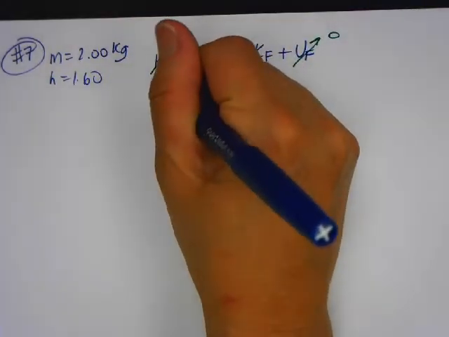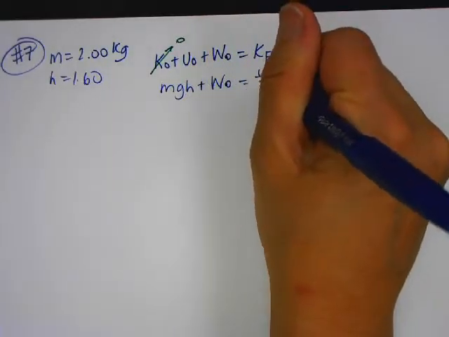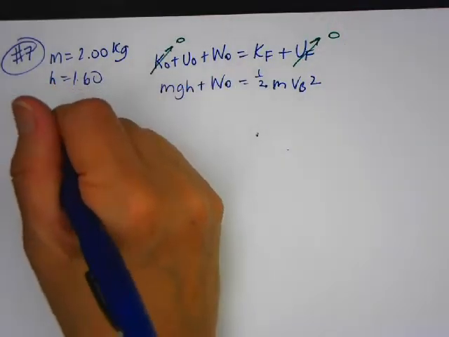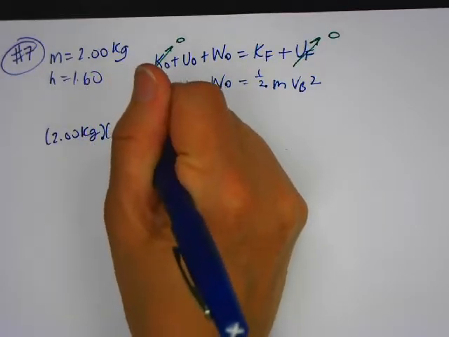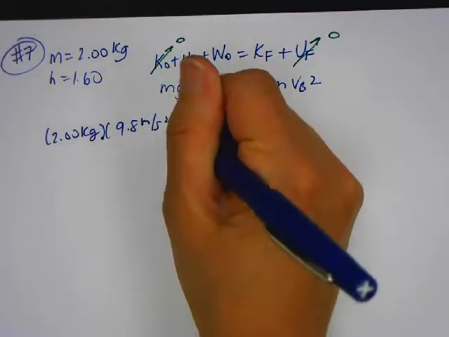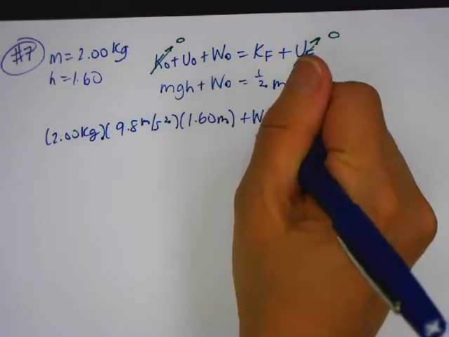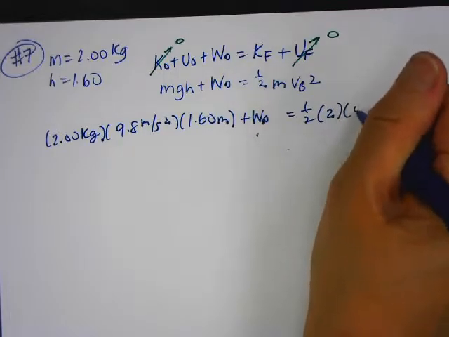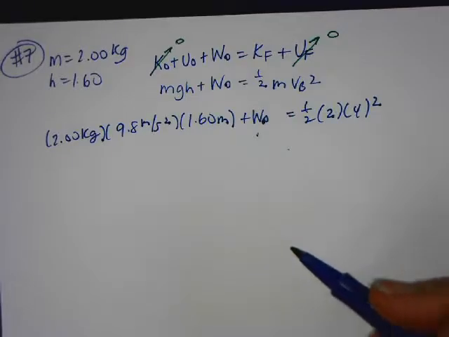So mgh plus W naught is equal to 1/2 mv squared. mgh is 2 kilograms times 9.8 meters per second squared times 1.6 meters, plus W naught, is equal to 1/2 times 2 times 4 squared. Then you do all the math.